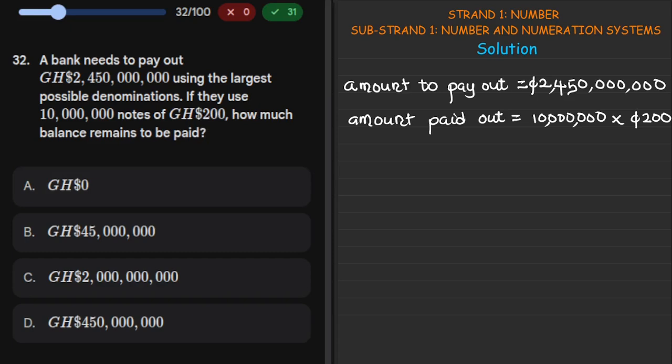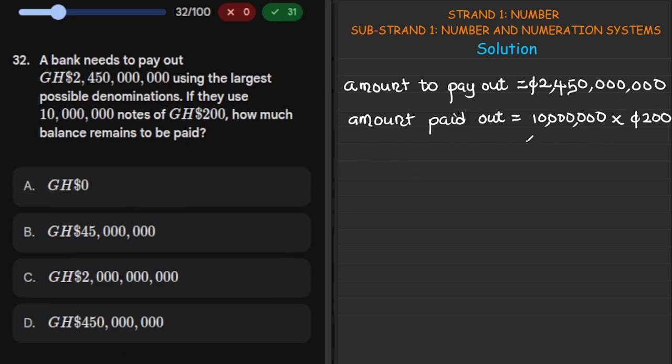So right here, our parameters we've been given are this. Amount to pay out, that is the 2,450,000,000. And then amount that has been paid out is 10 million of 200 cedis. Now, if we are to multiply this, what are we going to get?